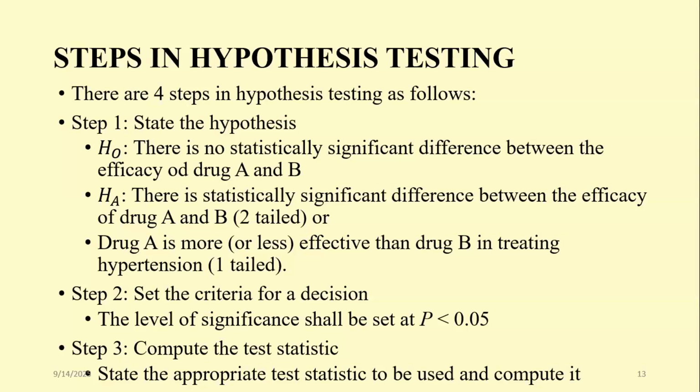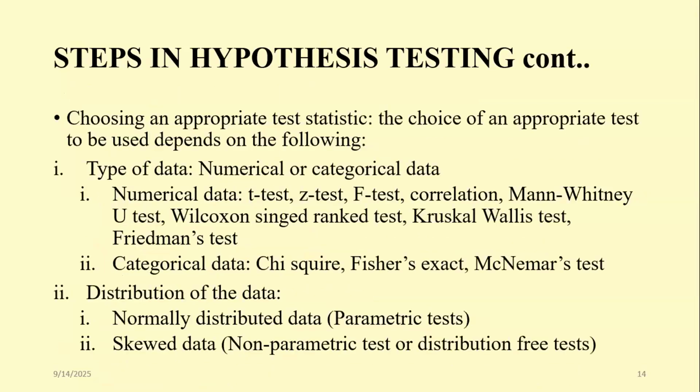This means that any result with a p-value less than 0.05, we are going to reject the null hypothesis. While if we have results with a p-value of more than 0.05, then we are going to fail to reject the null hypothesis. So this is the criteria for decision.